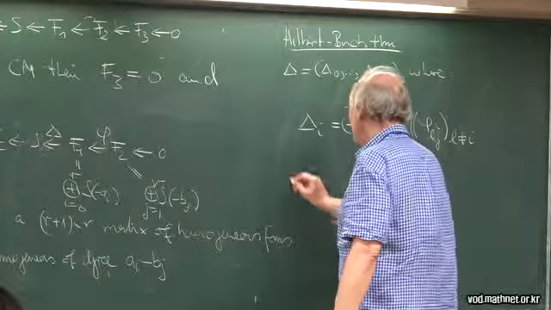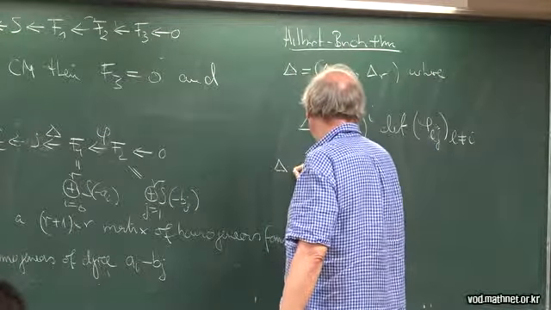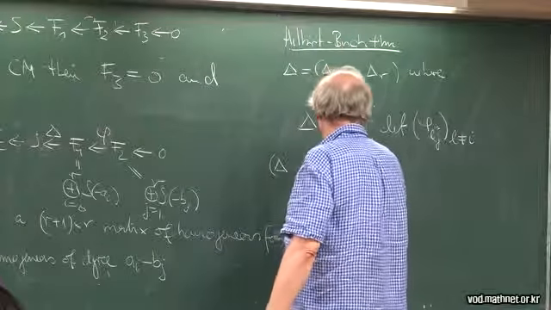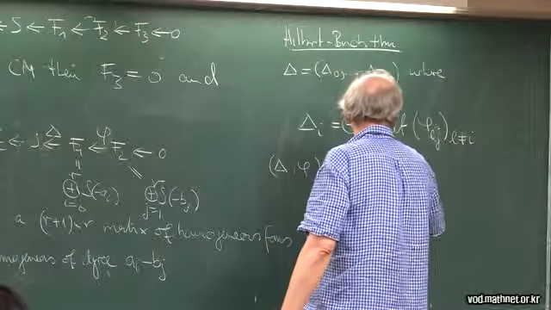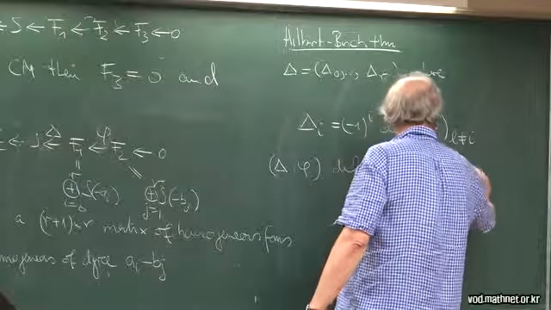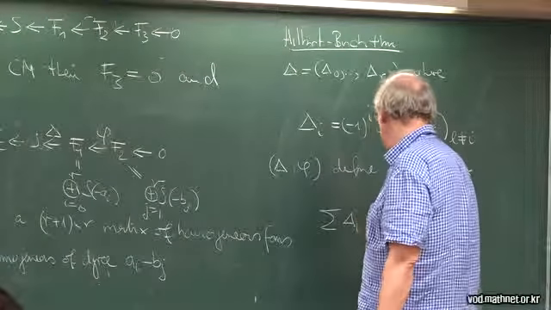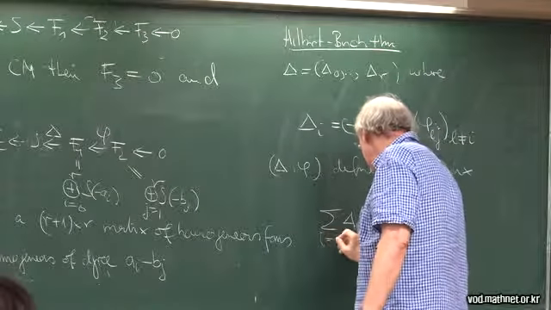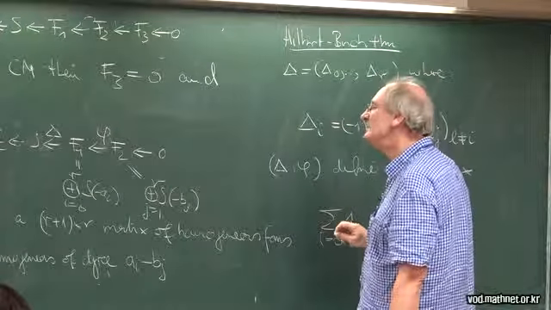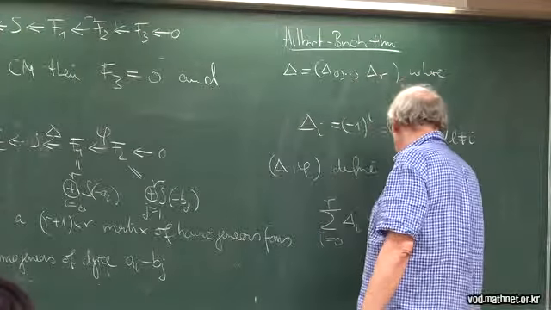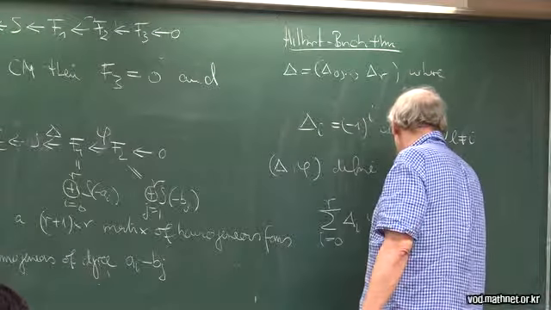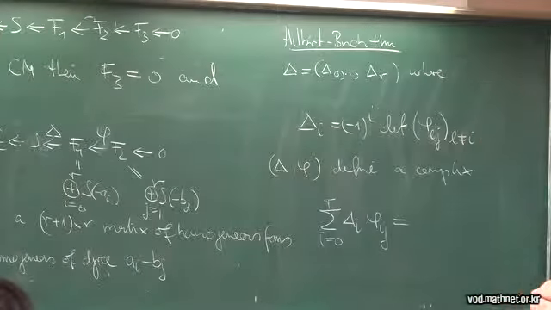So delta and phi define the complex. How to see this? Well, you have to prove that the sum over i equal to 0 to r of delta_i times phi_ij is equal to 0. And what is this really?